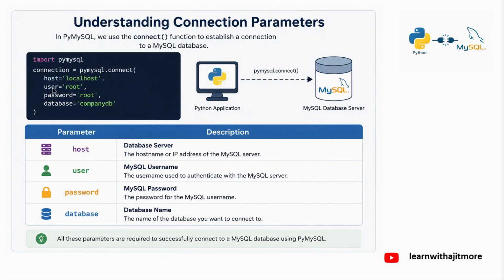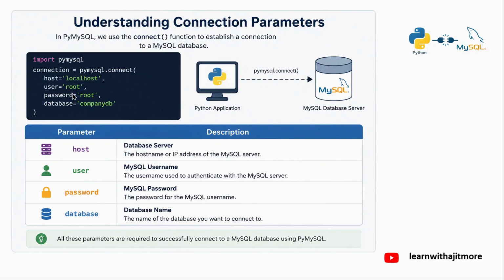But are the parameters clear to you? Host. What does host indicate? It indicates the IP address of the machine on which the MySQL database server is running. As I'm writing the script on my local machine and MySQL is also on the same machine, I'm using localhost.